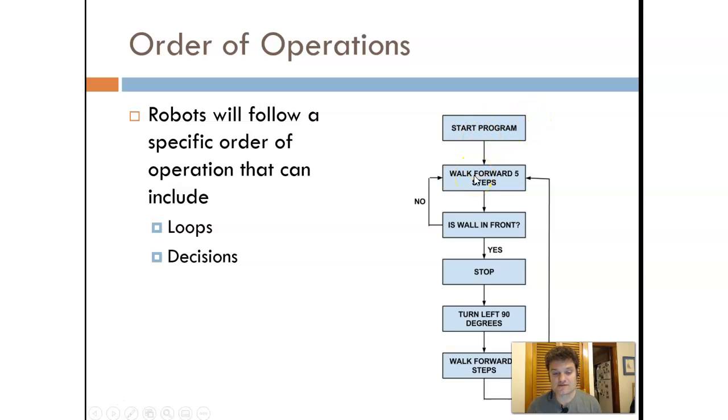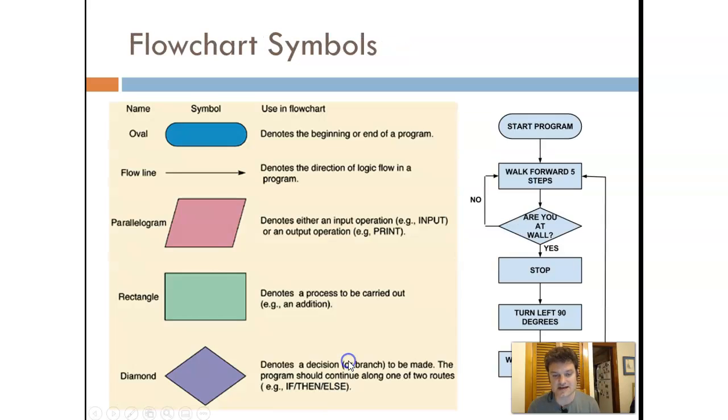First step, they're going to walk forward 5 steps. The question, is the wall in front of them? If it's no, they're going to keep on walking, and they repeat again 5 steps. So that's a decision right there. As soon as they see there's a wall in front, where it replies yes, then they want that person to stop. Turn left 90 degrees, walk forward 5 steps, and repeat the process over again.